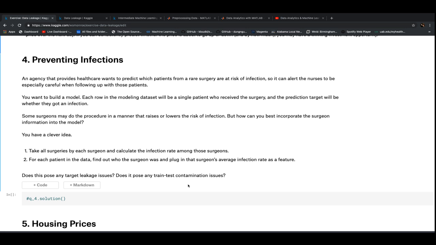So maybe some of these surgeons are specifically ER doctors, and maybe those are more likely to have infections, or maybe certain surgeons are more likely to operate at night because they're younger and on call or something like that. And so maybe that has something to do with it.